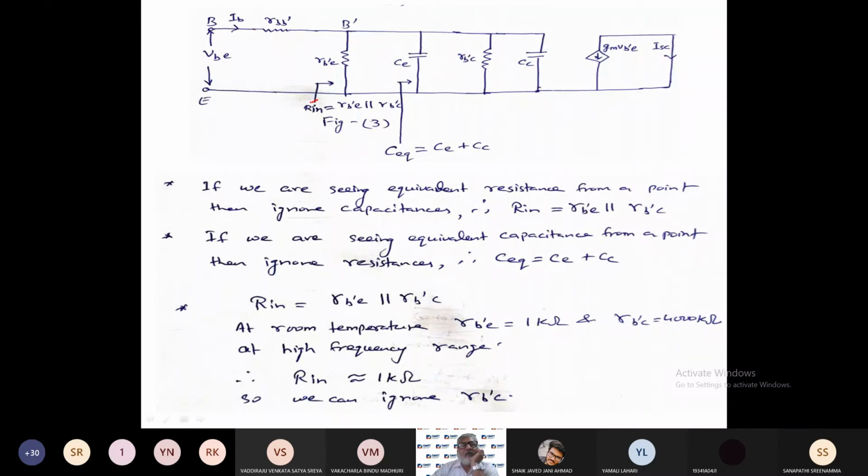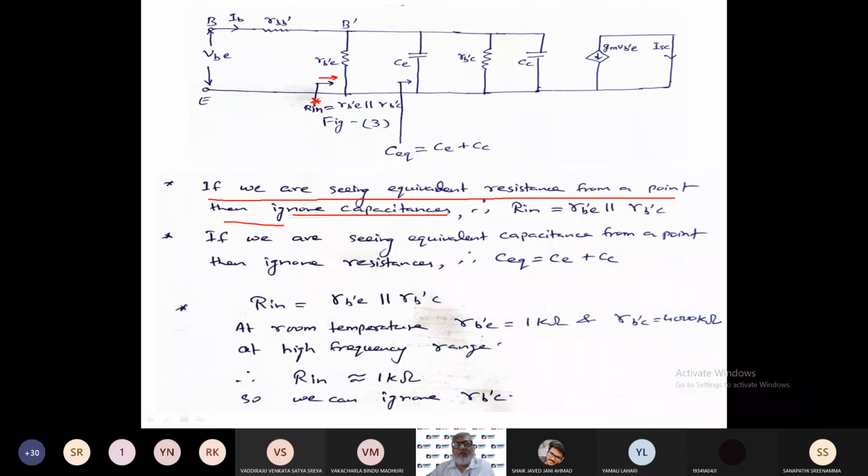Now if from this point you look inside this circuit, then you find that capacitances and resistances are connected in parallel, right? So if we are seeing equivalent resistance from a point, then ignore the capacitance.